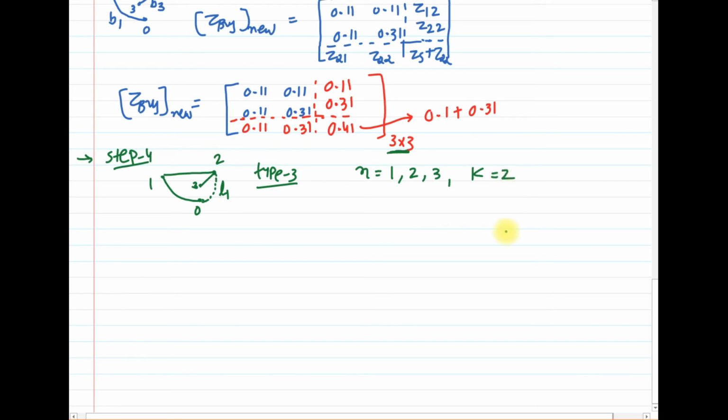So for that we have to write the equation for type 3 modification.